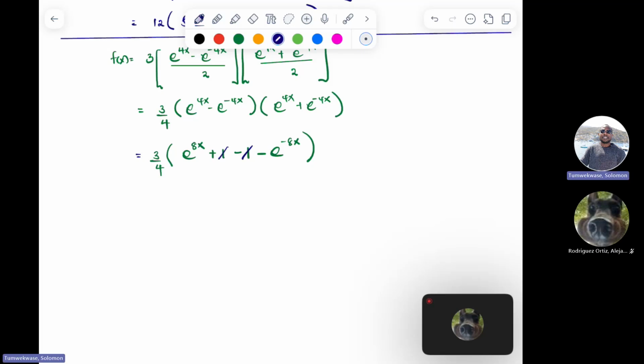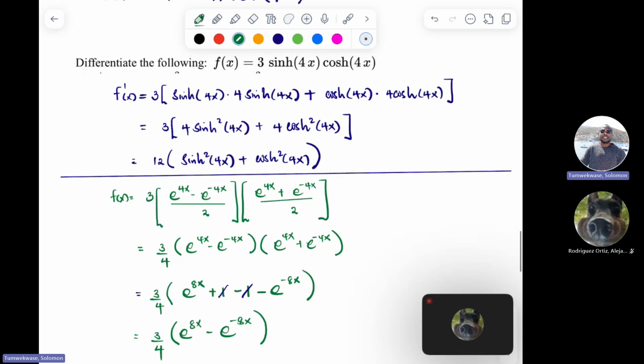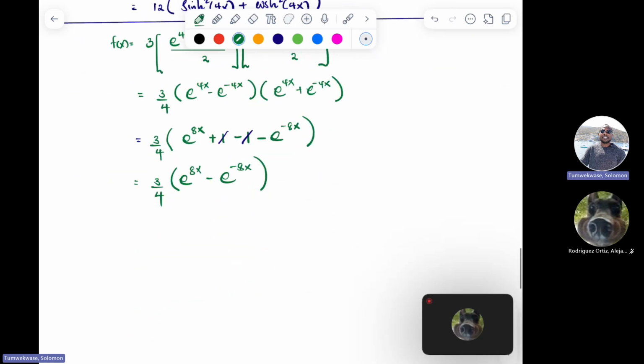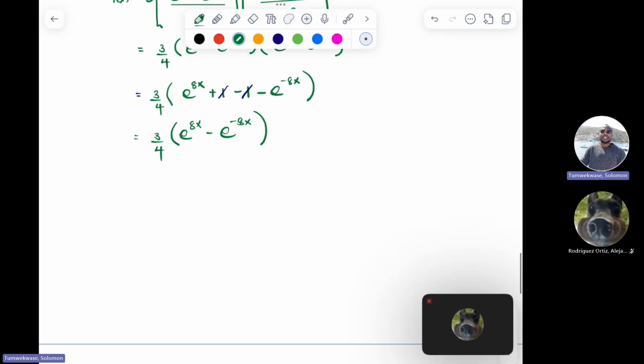So the 1 and 1 can cancel to give us a 0, and therefore this is 3 over 4 into e to the 8x minus e to the negative 8x. And you see how if I open up brackets, I remain with something a little easy.